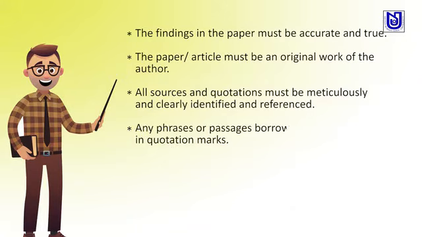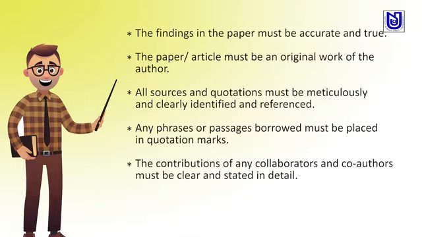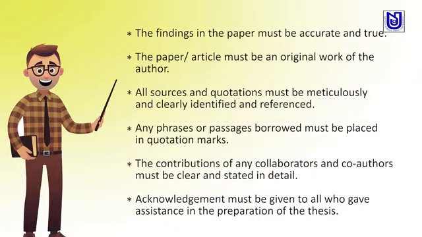If you use any phrases or passages of any collaborator, you can put them in an inverted comma. The contributions of other researchers must be clearly stated in detail. Acknowledgement must be given to all who gave assistance in your research work.